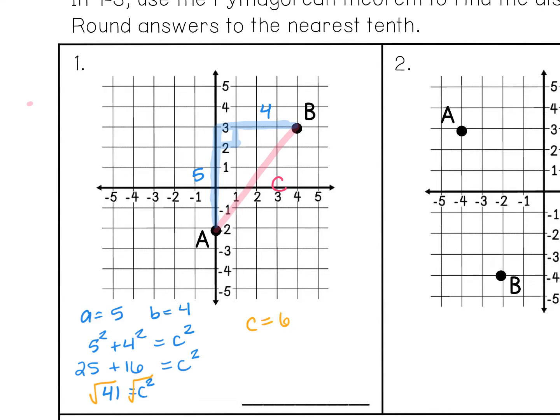So C equals 6.403. Now the instructions said to round to the nearest tenth. That 0 leaves that 4 the same. So segment AB is approximately 6.4.